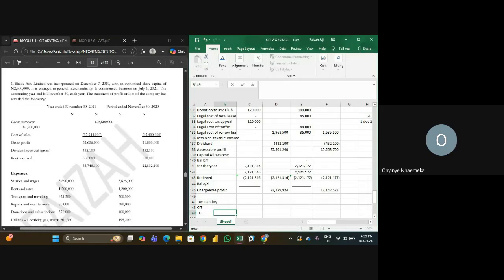So what is the tax percentage for medium company and tax percentage for large company? Large company is 30%. Medium company is 20%. So for this one, it's going to be 20% multiplied by 13,475,3.